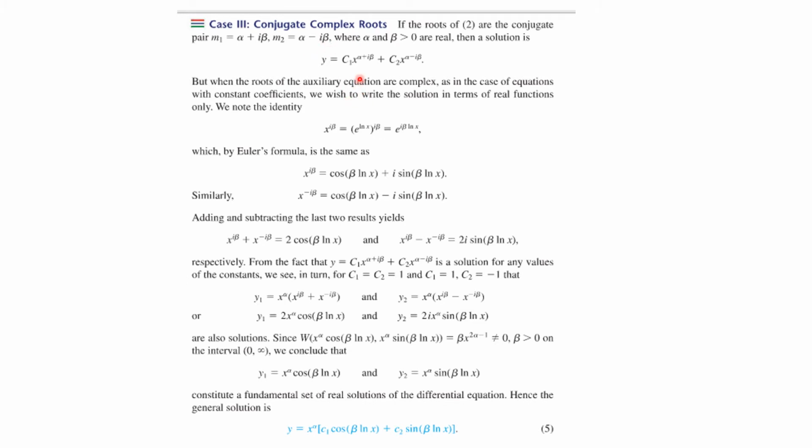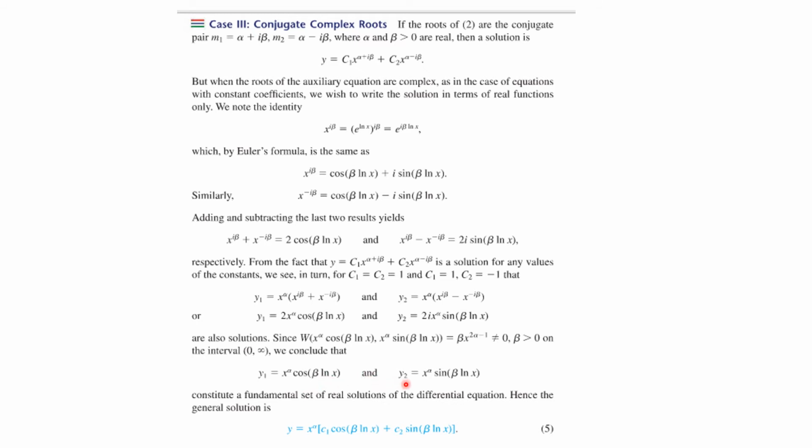What we're really doing is starting with these as complex exponents, but then we're going to use Euler's identity and much of the techniques that we used before when we got conjugate complex roots, and we find that y1 is going to be x to the alpha times the cosine of beta ln of x.